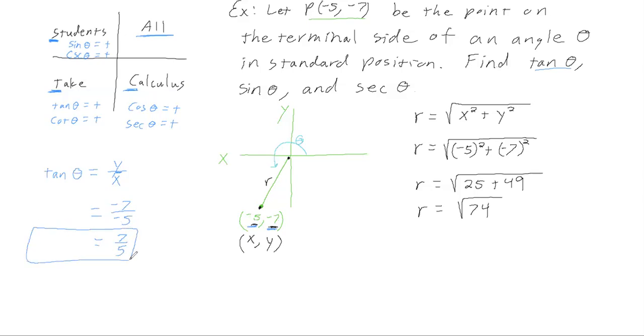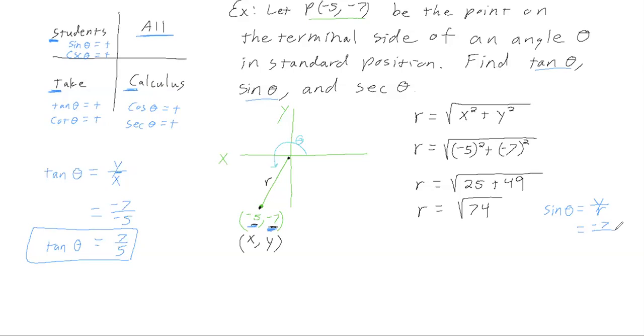Go ahead and put tangent of theta. How about the sine of theta? Well, we learned earlier, the sine of theta is y over r. Well, again, what's our y coordinate? -7.